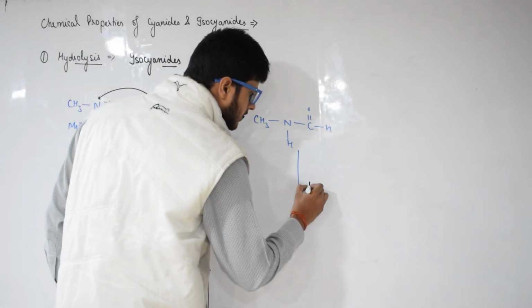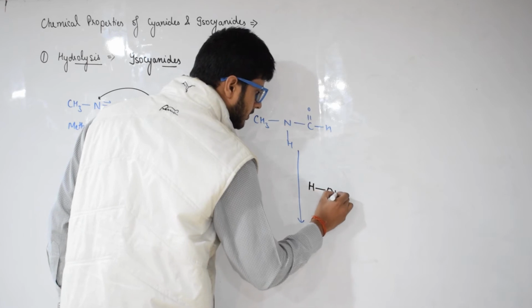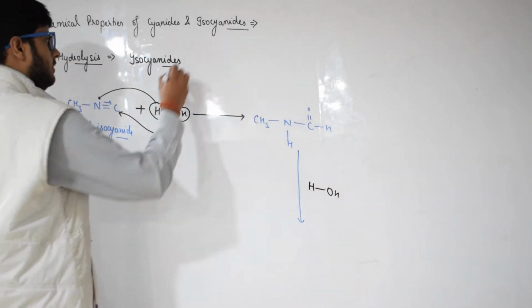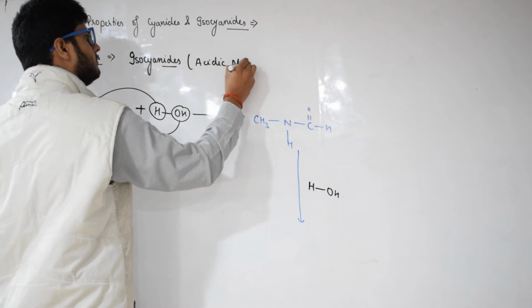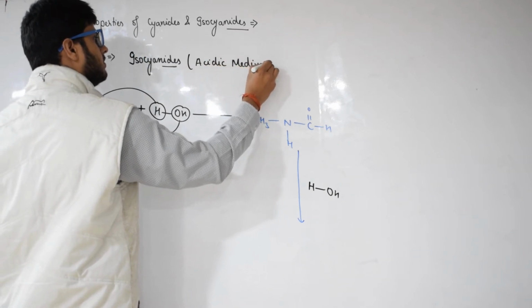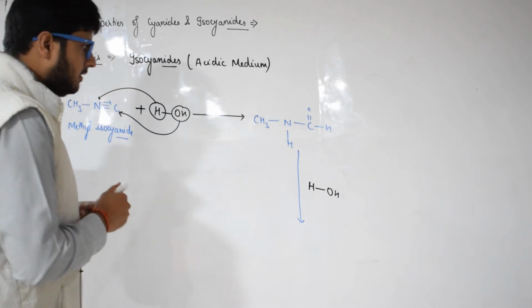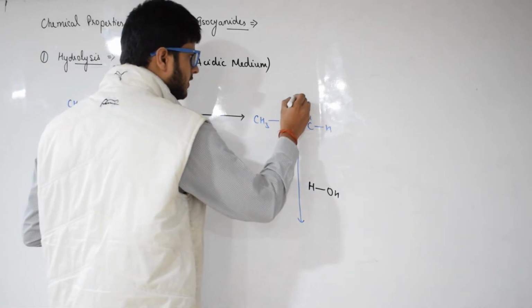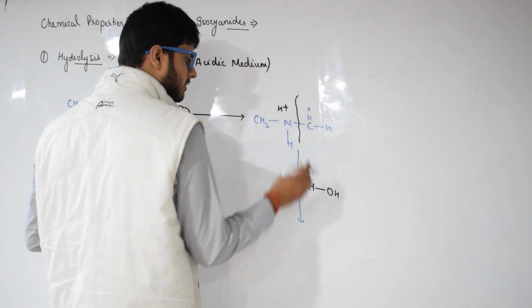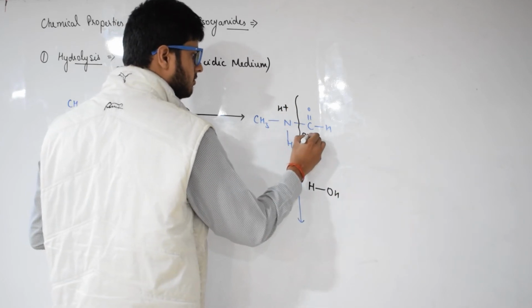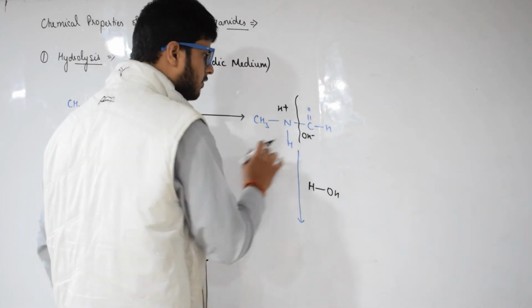But when it is further hydrolyzed with water in acidic medium, we are discussing in acidic medium. So, what happens again? Bond cleavage will take place over here. This H plus ion is attached to this nitrogen atom, and this OH minus is attached to the other side, and the bond is cleaved from here.